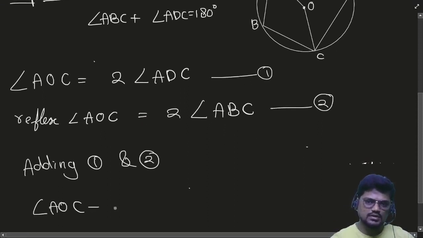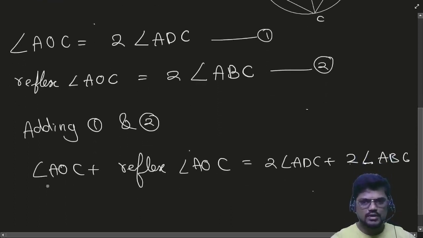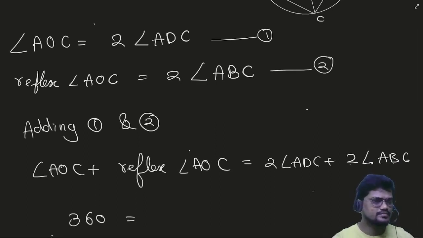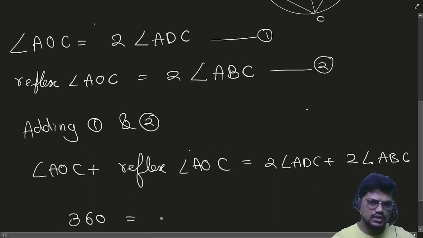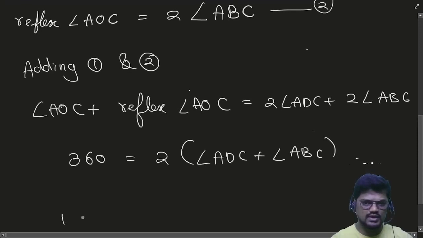Angle AOC plus reflex angle AOC will be equal to twice of angle ADC plus twice of angle ABC, right? But the sum of these two angles will be equal to 360 degrees, yes or no? If I take 2 in common, it will be angle ADC plus angle ABC, and if this 2 goes on this side, 180 degrees will be equal to angle ADC plus angle ABC.